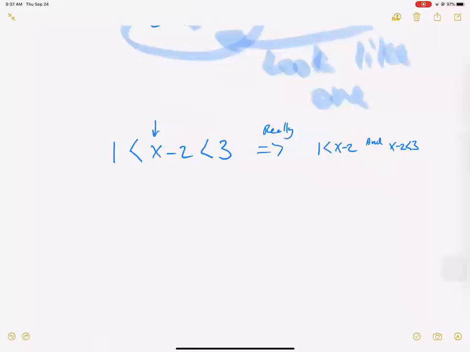What number would you get rid of? You would get rid of the minus 2. So once you add 2 on both sides, x is greater than 3. On the right equation, would you do the exact same move? You would, right? You'd try to get rid of that too. x is less than 5.